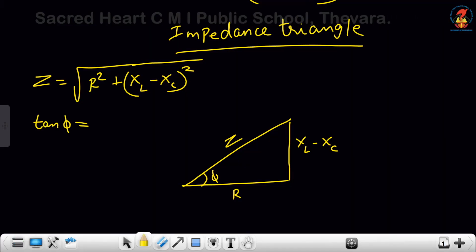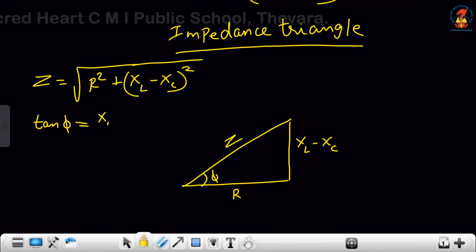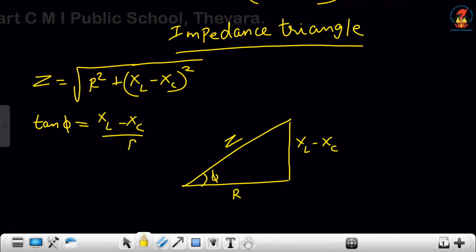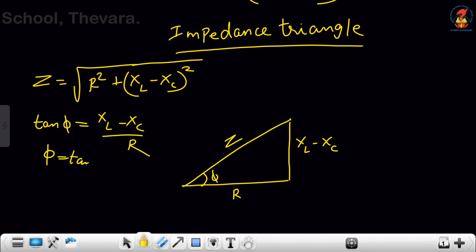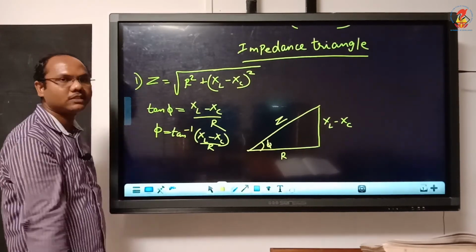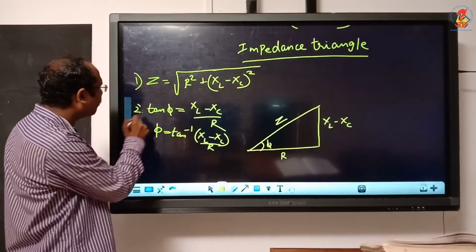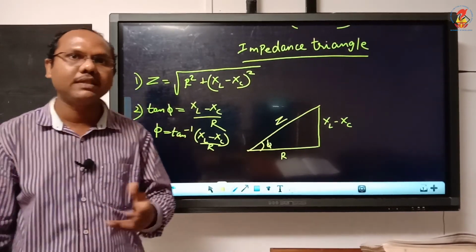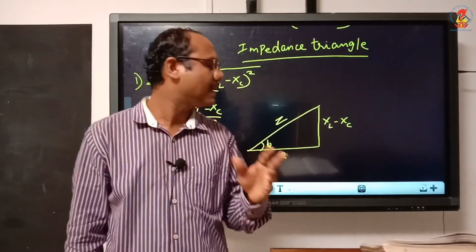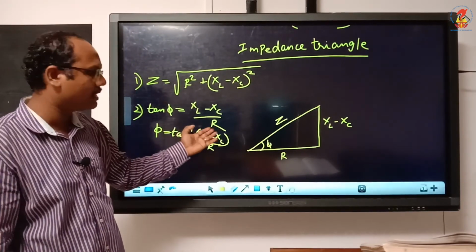Tan phi is equal to opposite by adjacent, which is XL minus XC by R. So phi is equal to tan inverse of (XL minus XC) by R. So the first use of the impedance triangle is to find the impedance of the circuit. The second use is to find the phase angle between the voltage and the current, which can be immediately found by using this equation.